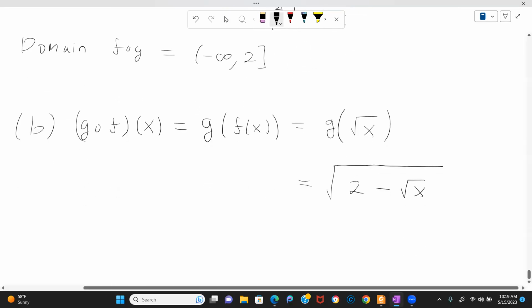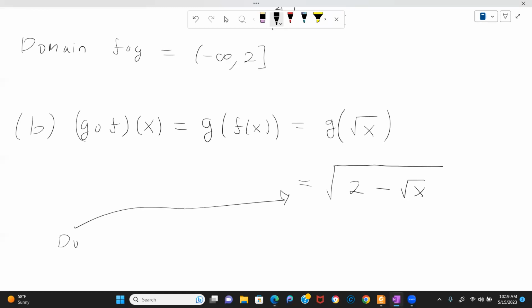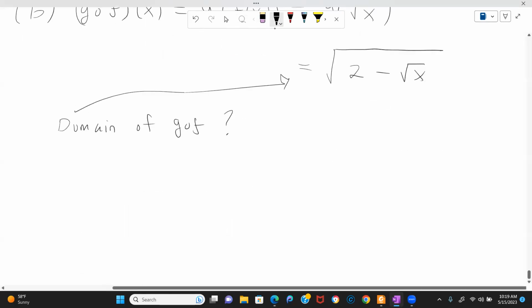Now, what's the domain here? This one's a little bit trickier, but it's not that bad. What's the domain of g composed f? Well, there are actually two requirements that we need to hold simultaneously.